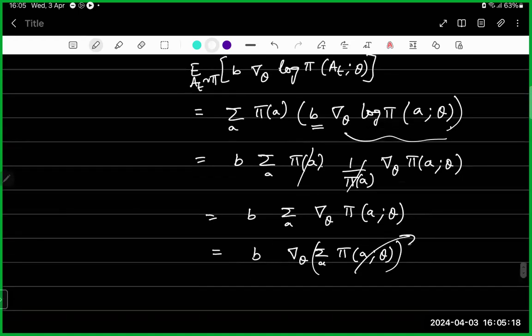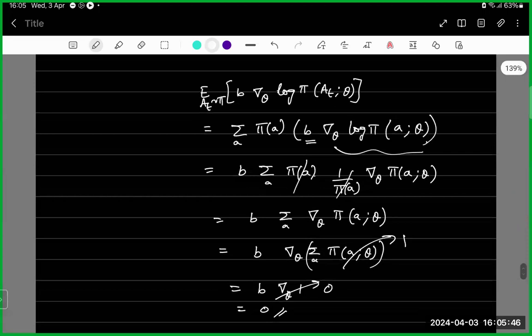This value is one, so the derivative is zero. Fine, because it's a probability, it will sum to one if you sum over all possible values of that distribution.